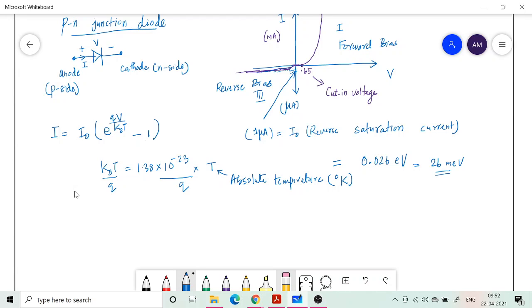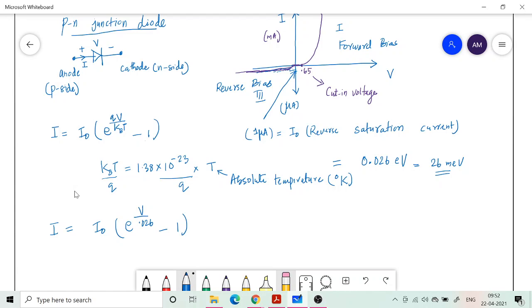Okay, so if you rewrite the diode equation, I is equal to I0 into e raised to V, where V is the positive voltage that you apply, divided by 0.026, minus 1.